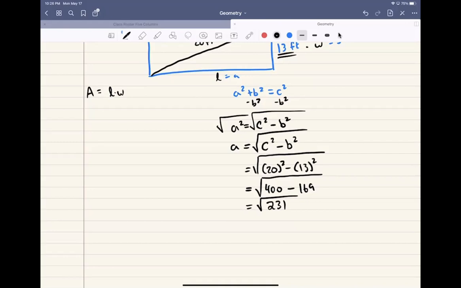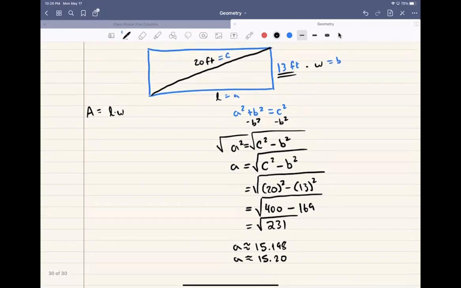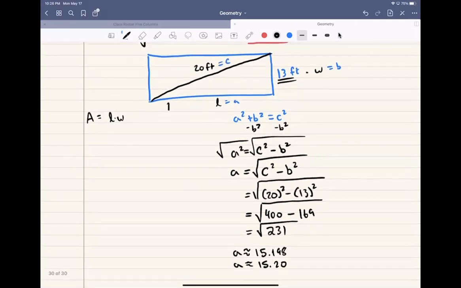If I take the square root, that's going to give us that A is approximately 15.198, which means it's approximately 15.20. So we're going to use 15.20 for A. To find the area of this rectangle, it's going to be this number times this number, so 15.20 times 13.